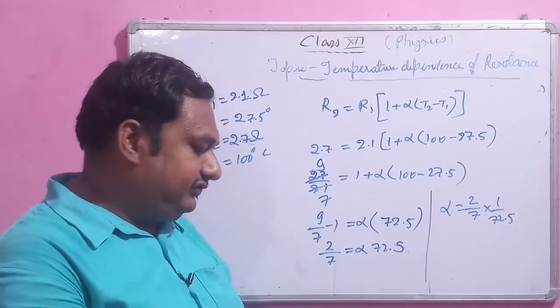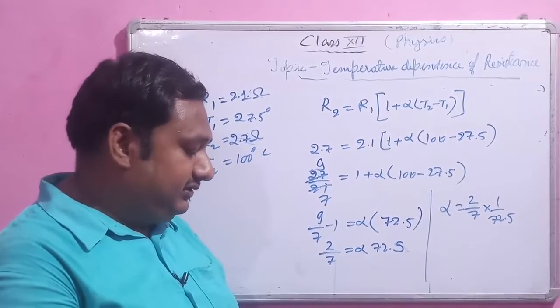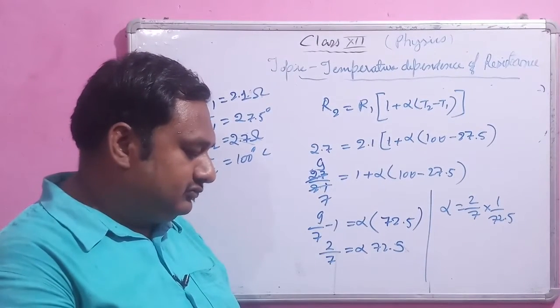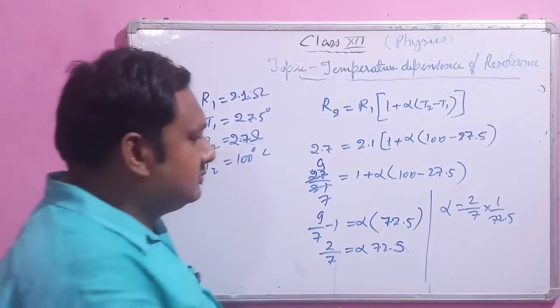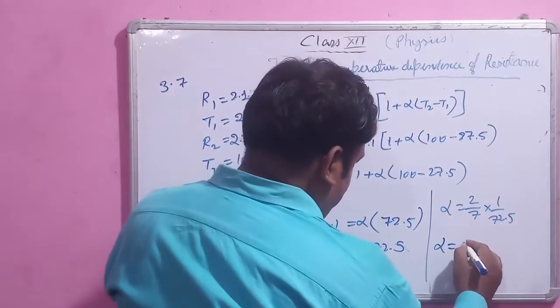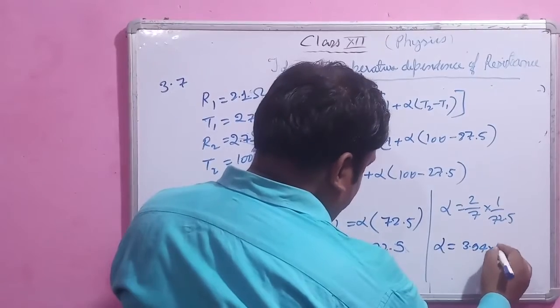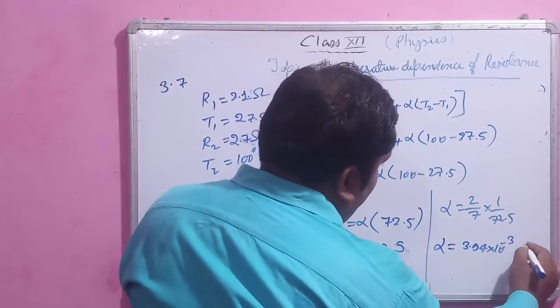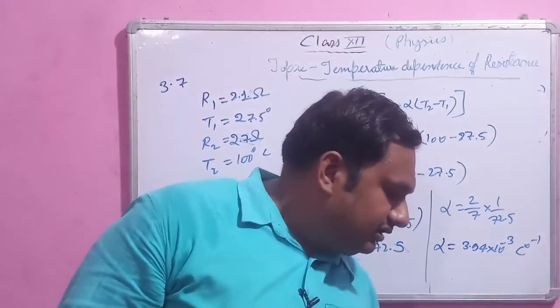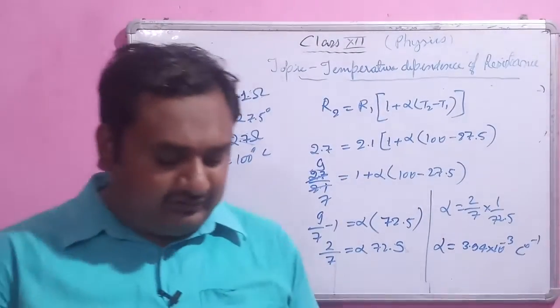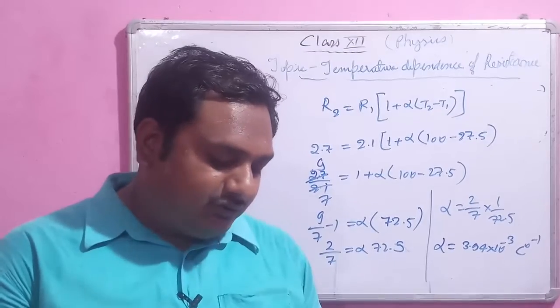So 2 by 7 divided by 72.5, and the answer is alpha is 3.94 into 10 raised to power minus 3 per degree Celsius. That is our answer. If there are any calculation mistakes, please tell me in the comment box.